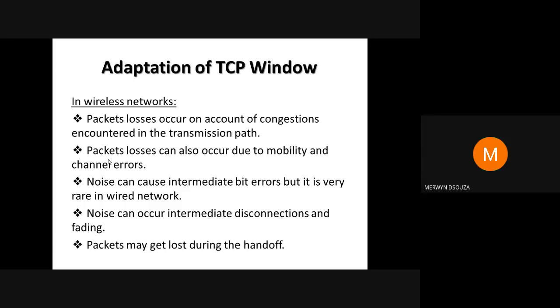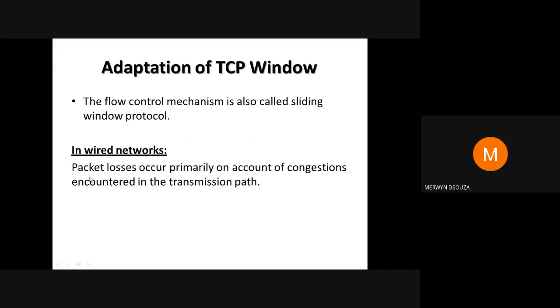So it does not mean that every time a packet is lost in a wireless network, there is congestion. So my question to you all now is, can the same TCP that has been used in wired networks be used in wireless networks? Because I told you the wired TCP has been designed to assume that a packet loss will happen because of congestion.